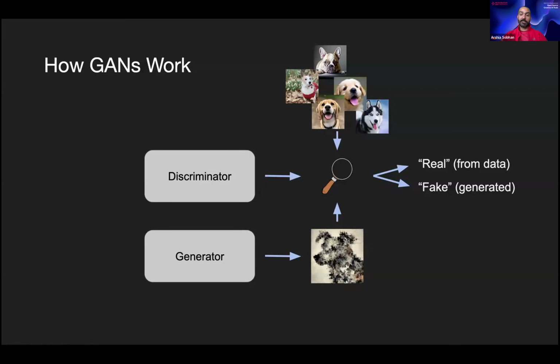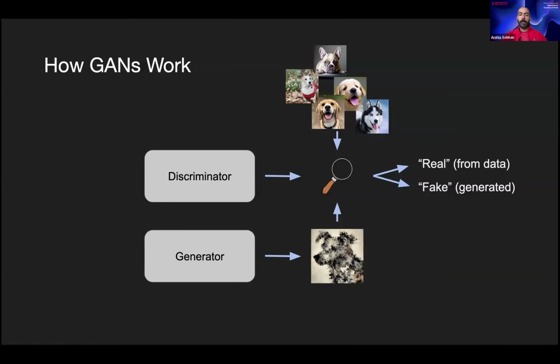We also have a discriminator whose job is to look at what comes out of the generator and decide whether or not this is a generated image or is it from the data set. So it's kind of policing the generation, and based on that, the generator tries to become better and better at creating images closer to that visual domain, so that the discriminator has a harder time figuring out whether it's generated or coming from the data set.